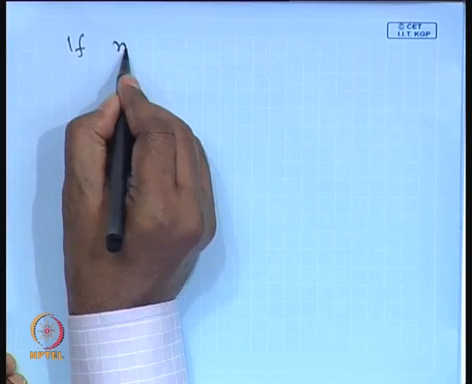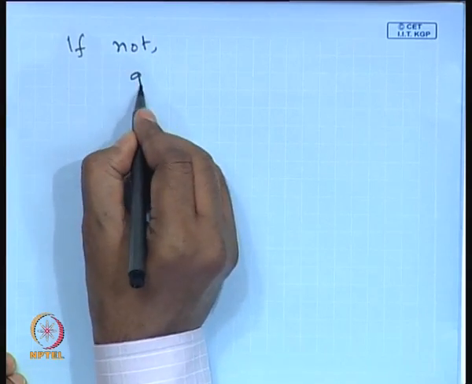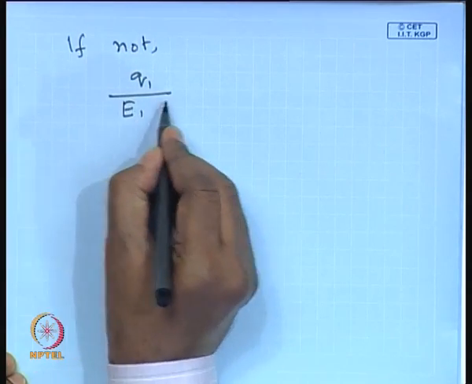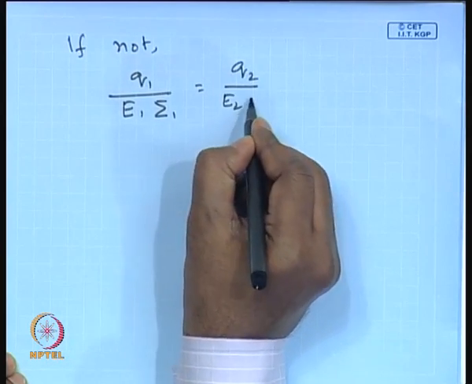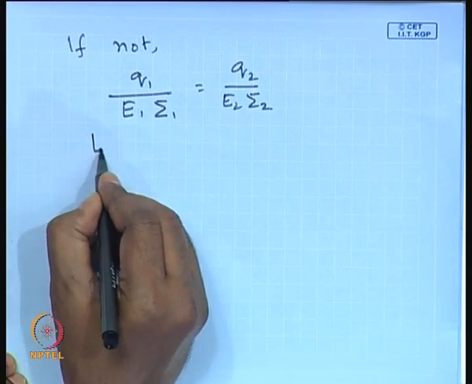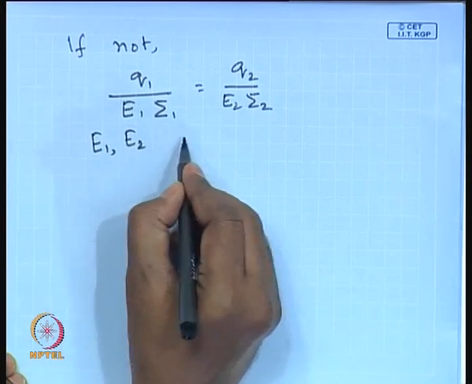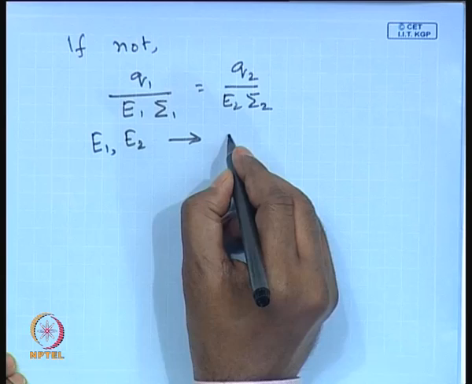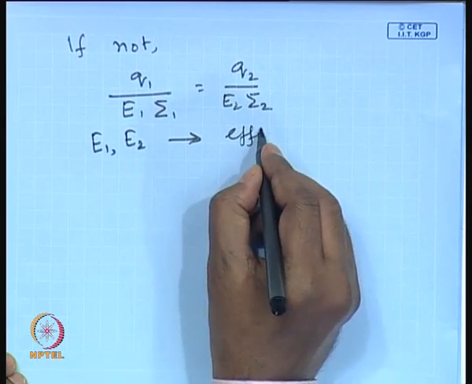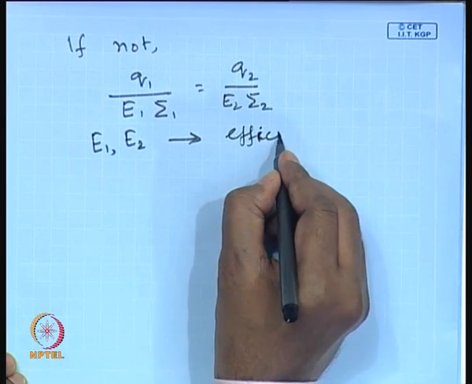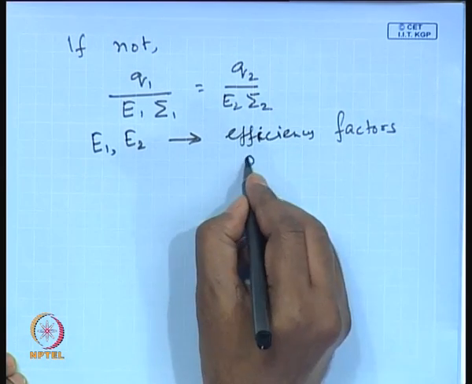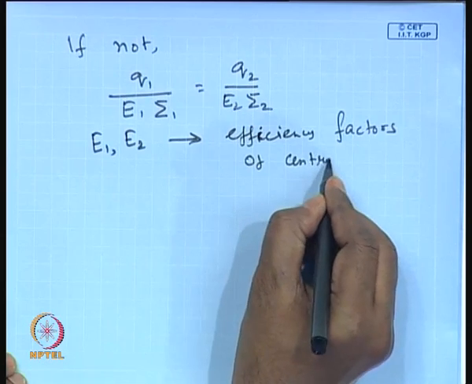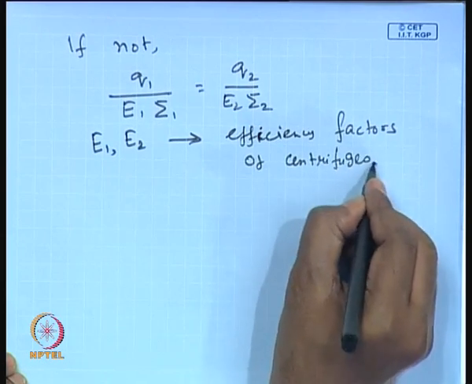And if not, what happens? If not, one has to use Q1 E1 sigma 1 equal to Q2 E2 sigma 2, and what are E1 and E2? These are basically the efficiency factors of the centrifuges.